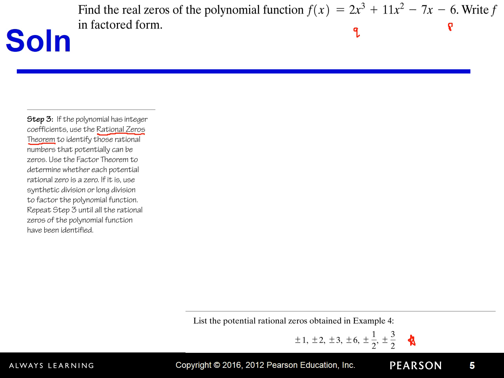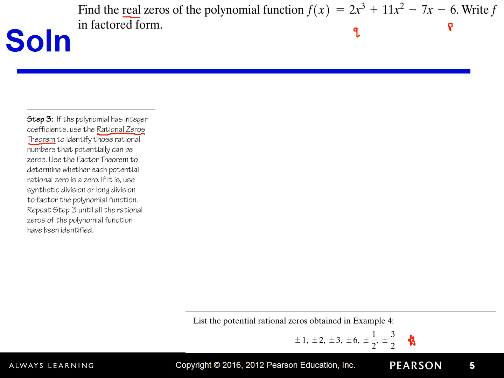Now, of course, the problem says find real zeros, and so we could have irrational zeros, which would not be on this list, which we would have to go get a different way. But of the rational ones among the 3, they have to be on that list.